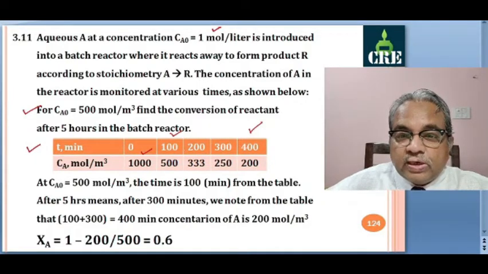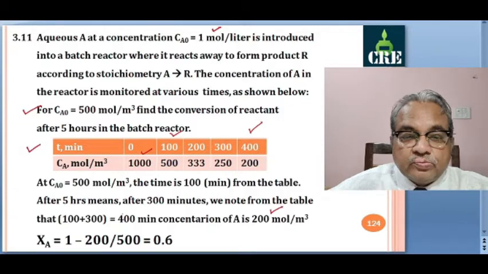So from this table the value is read at 400 minutes and that value is 200. So 400 minutes when you start at this time from 1000, we are starting from 500. Okay, so after 300 minutes this will be our value, 200 moles per meter cube.